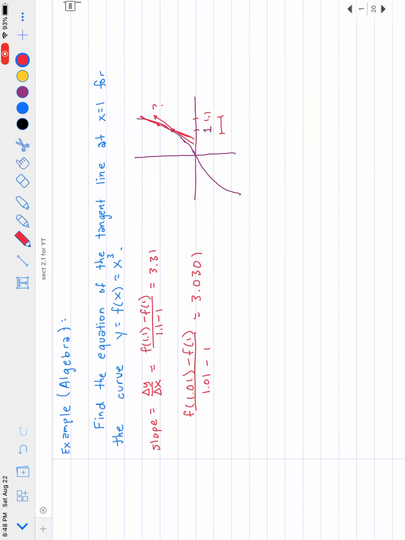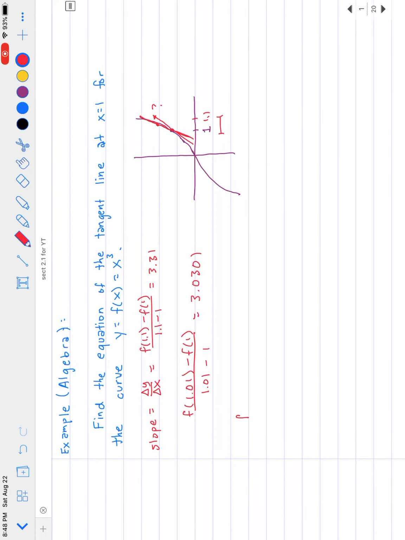Well, let's do this one more time because I don't want to get too repetitive. What if I now change it to f of 1.001 minus f of 1, all divided by 1.001 minus 1. Notice again, each time we're making that gap smaller and smaller, so that we have a better and better, more accurate estimate.